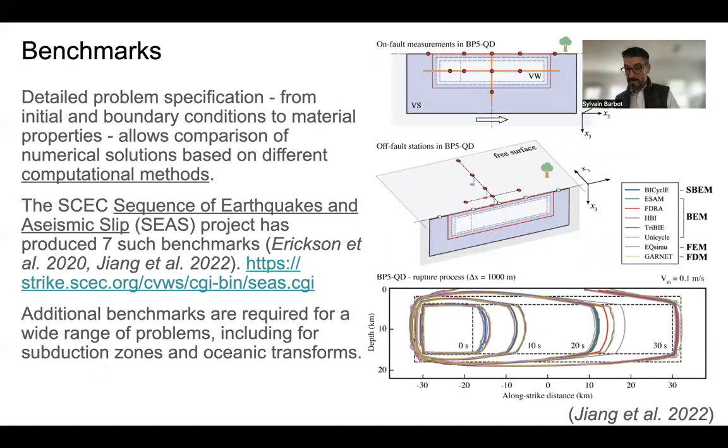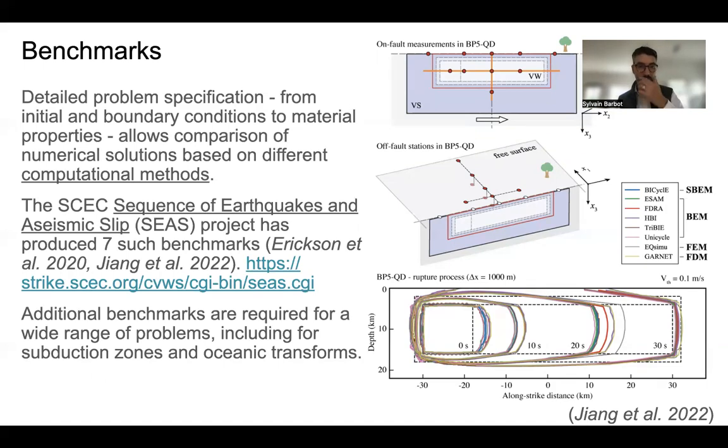These methods are sometimes emerging, sometimes mature, quite mature, and there's currently a large effort from the Southern California Earthquake Center to benchmark these different methods against each other in a community effort called the Sequence of Earthquake and Aseismic Slip, which is currently under its 7th such benchmark.